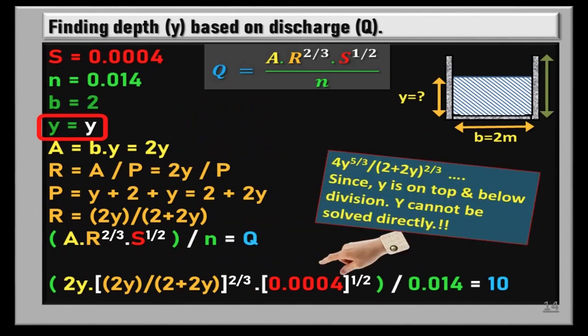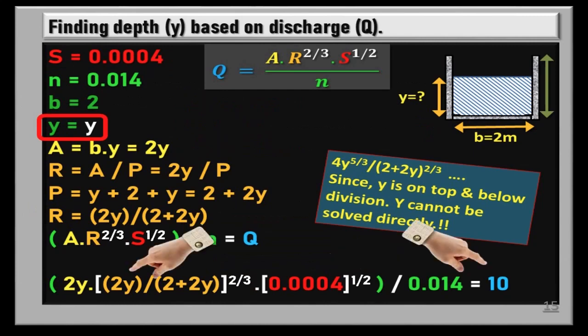The numerator 2Y multiply 2Y power 2 over 3 and denominator 2 plus 2Y power 2 over 3 is complex to solve for depth or variable Y. The Y cannot be solved directly.